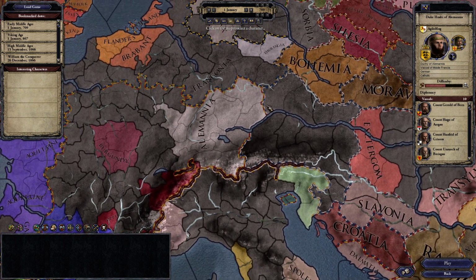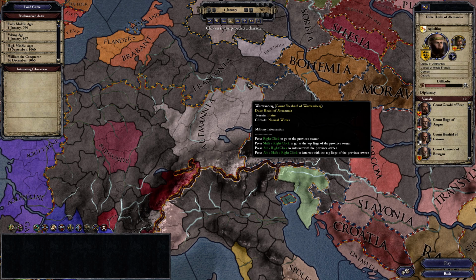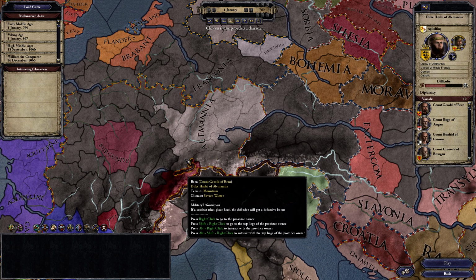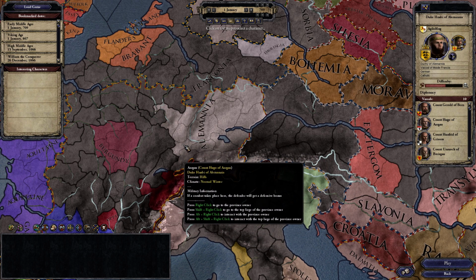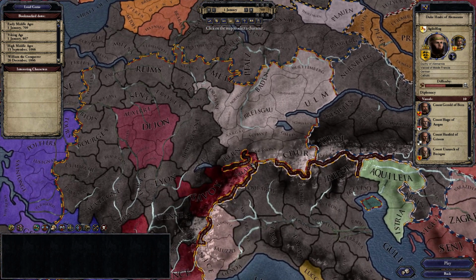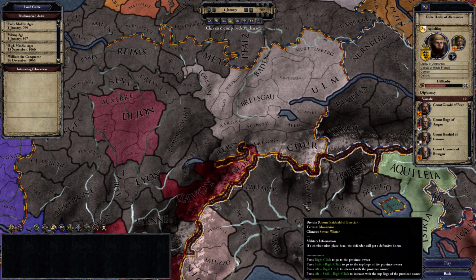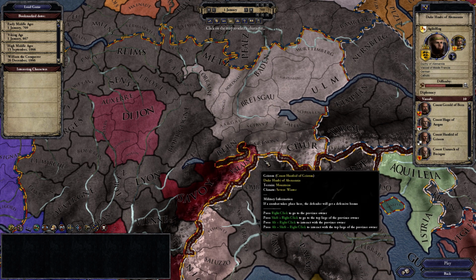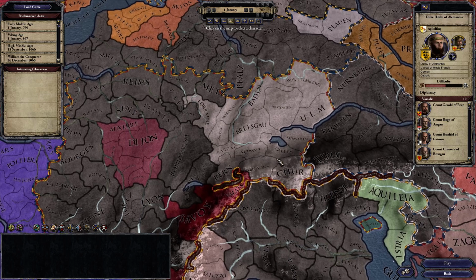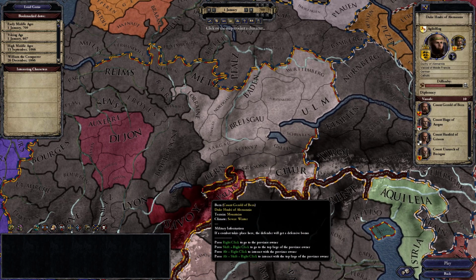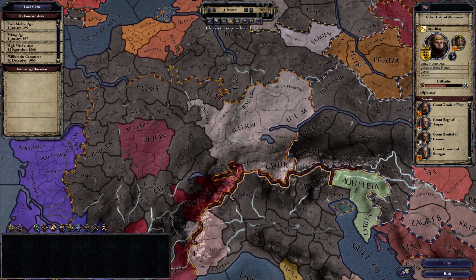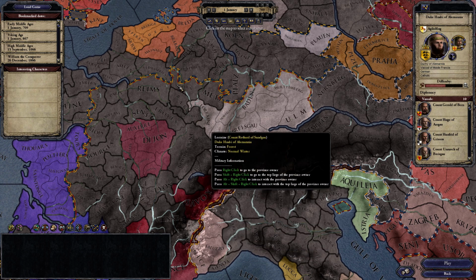Go to dukes. This is the Dukedom of Alemannia, and it encompasses most of modern day Switzerland, if I'm not incorrect. I don't know if it goes any further. I think this is more or less it, there's maybe a little bit of territory that's not in there.